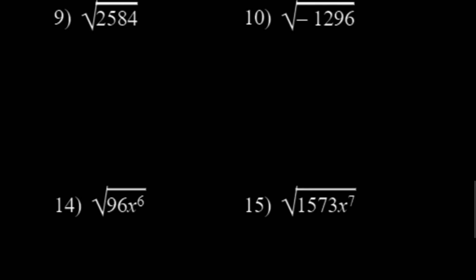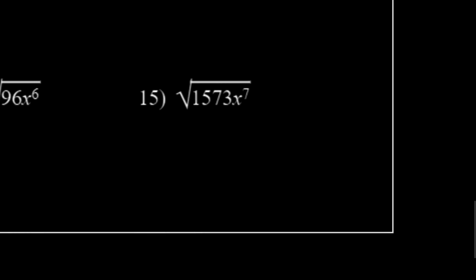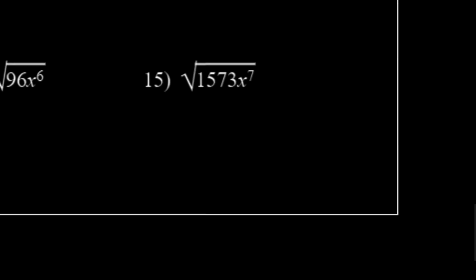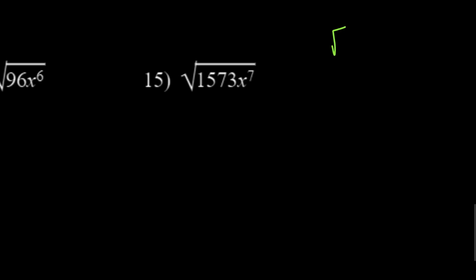So, what happens here when we have an x with an exponent that is an odd number? You have to leave it inside the square root, because when you are square rooting a variable with an exponent and the exponent is even, what do you do?